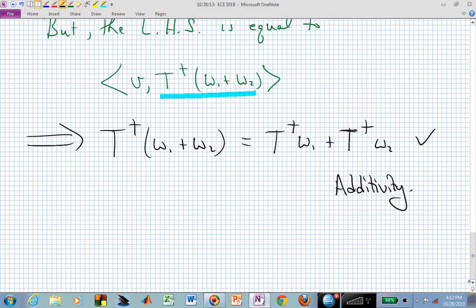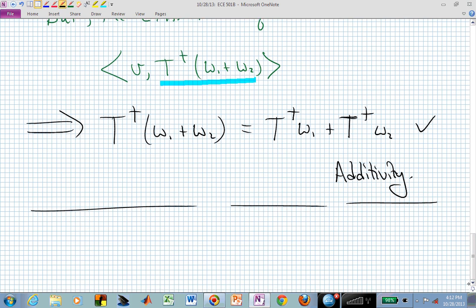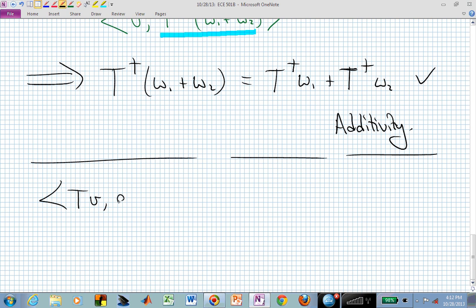And let's do the same kind of process to show homogeneity. If I now take this TV and I scale a vector W by the scalar A, now if I pull out a scalar from the second slot, what does that give me?